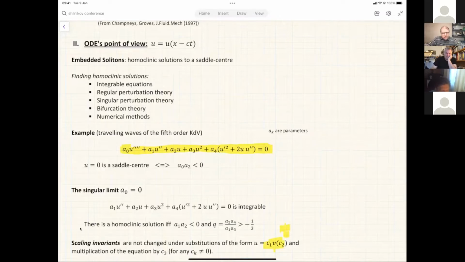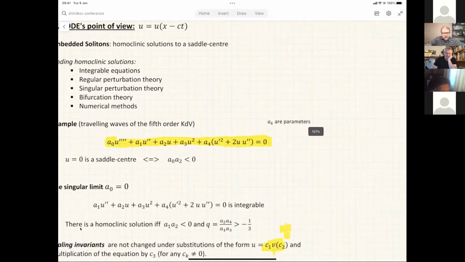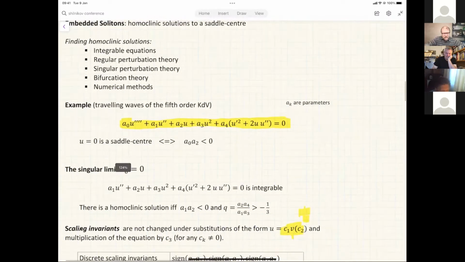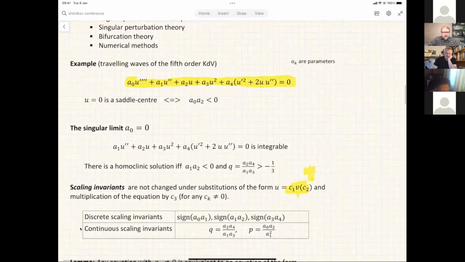And in order to study the equation, it's very convenient to realize that there are some scaling invariants. So if we make a change of the scales, then the values of q and p remain constant, whatever other scalings with non-zero constants C1, C2, C3. And also there are three signs which are not changed by the scaling.